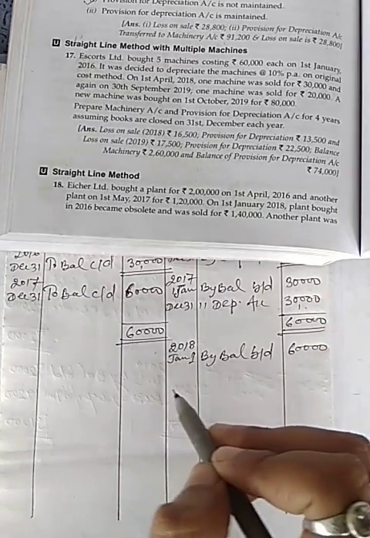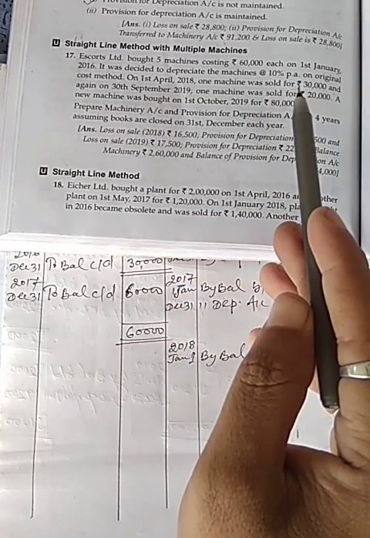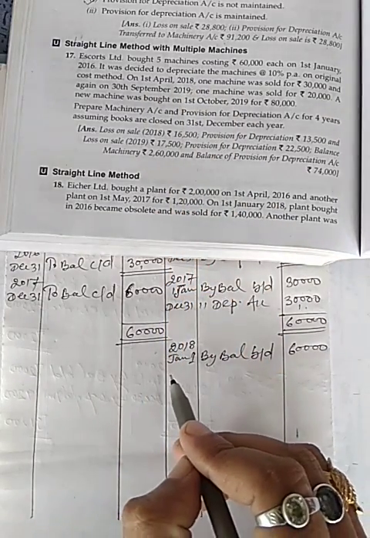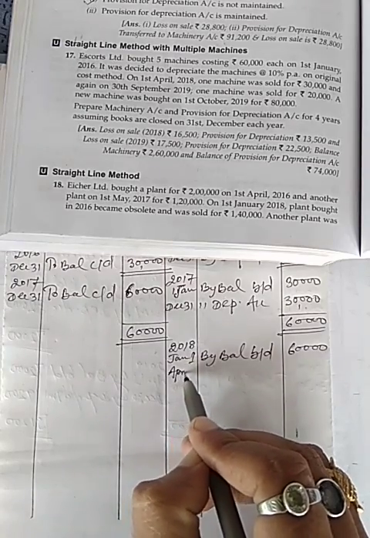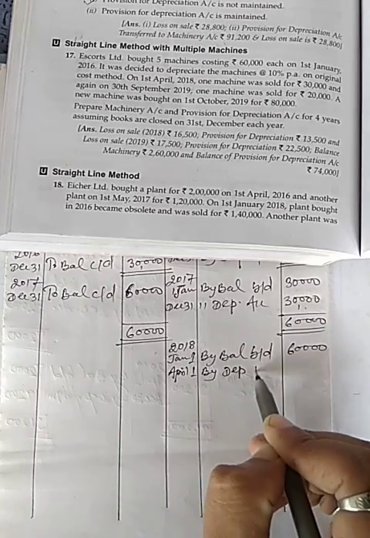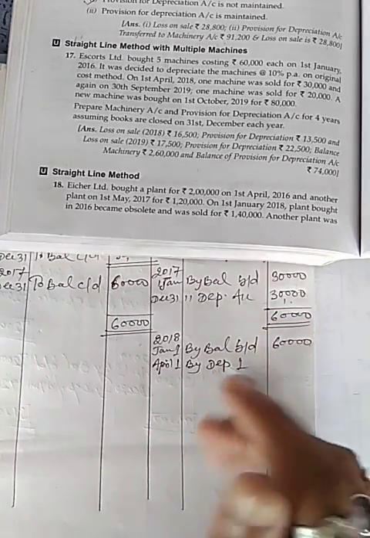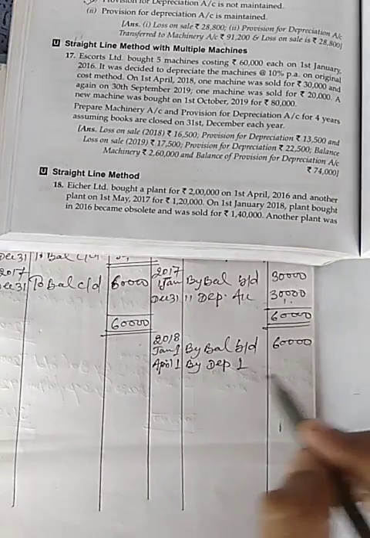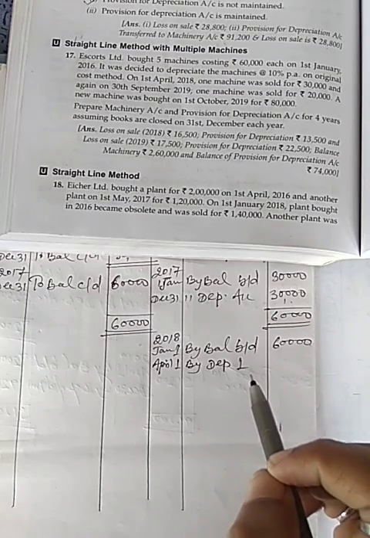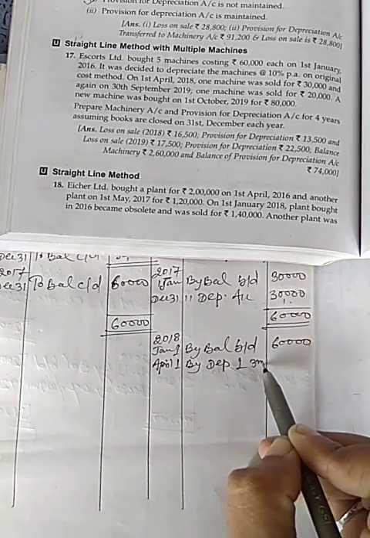And in this year one machine was sold for 30,000 on 1st April. So on April 1st, by depreciation account on the one machine which is sold on 1st April will be at the rate of 10% for 3 months only.